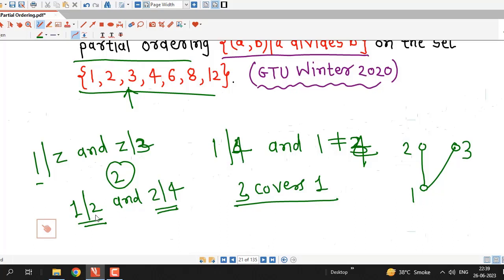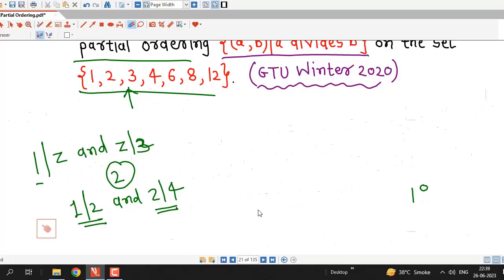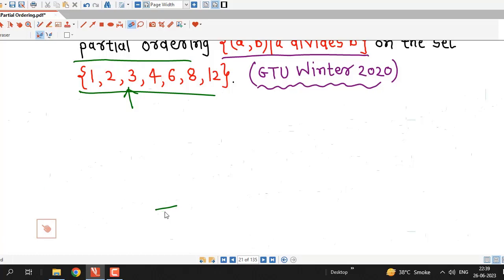Therefore, 4 cannot cover 1, and we will not consider a line between 1 and 4. So we have seen that 2 and 3 are covers of 1. So we will consider 1 below the circles of 2 and 3, and we will join 1 and 2 by a line and 1 and 3 by a line.